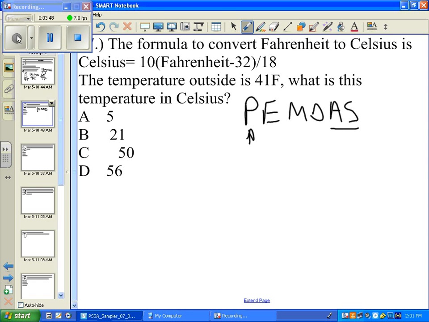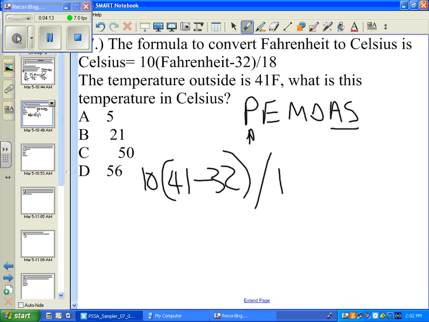When we run into addition and subtraction in the same problem, we just work it from left to right. They have equal precedence. So the first thing we have to do is get this Fahrenheit. We take our Fahrenheit degrees, which is 41 degrees, and we subtract 32. And then we divide by 18.